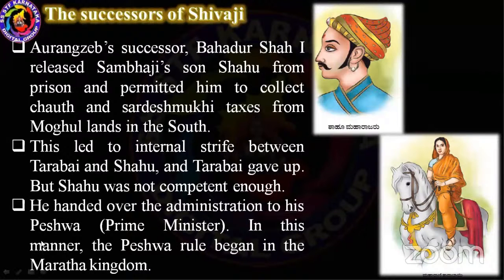They were appointing the Peshwa after discussion with the Panch Pratinidhi, who was one of the most important Astapradhana. With discussion with the Panch Pratinidhi or ministers, they were appointing the Peshwa.